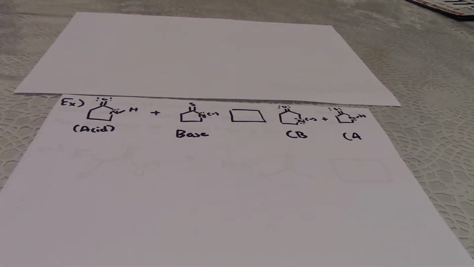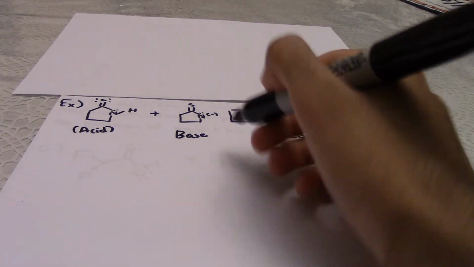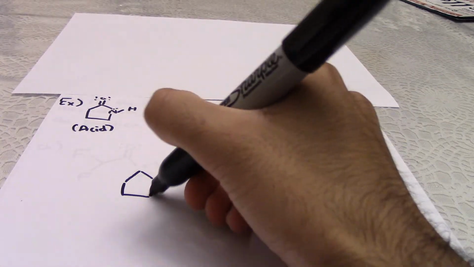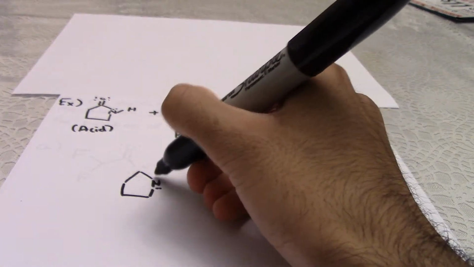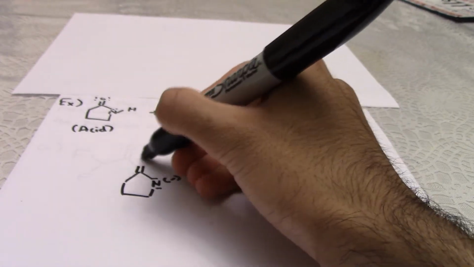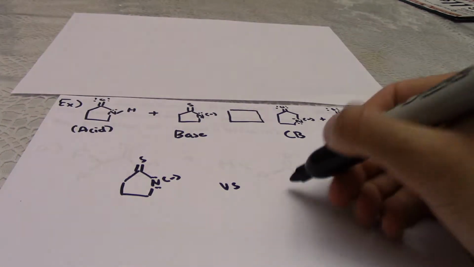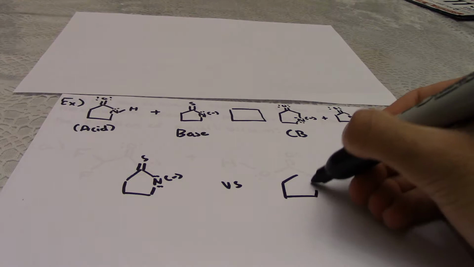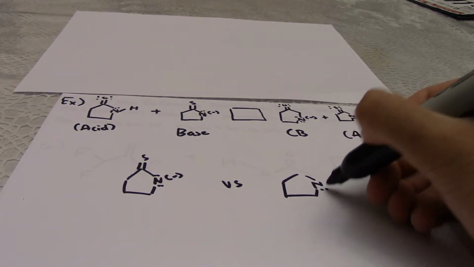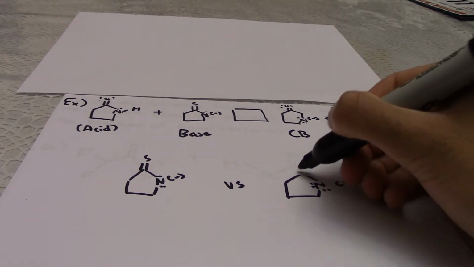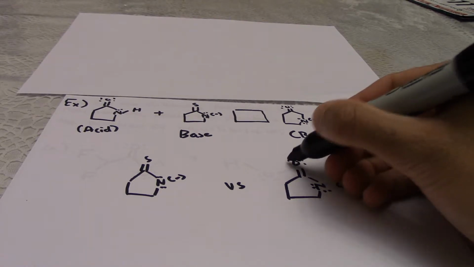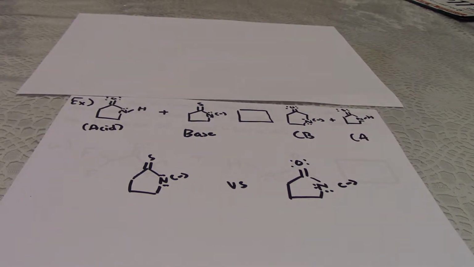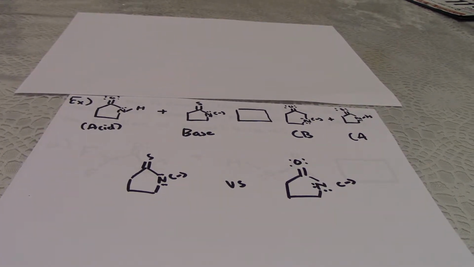So now we're going to look at the bases on both sides. So we're going to look at this, and compare that to the conjugate base on the other side. So right over there. And now we're going to determine which one is more stable.